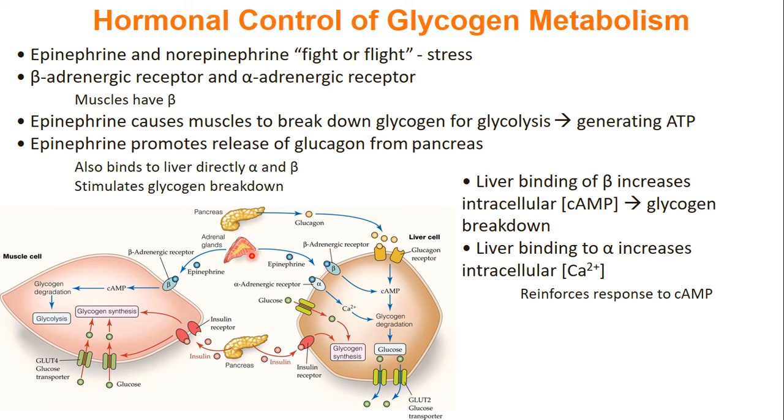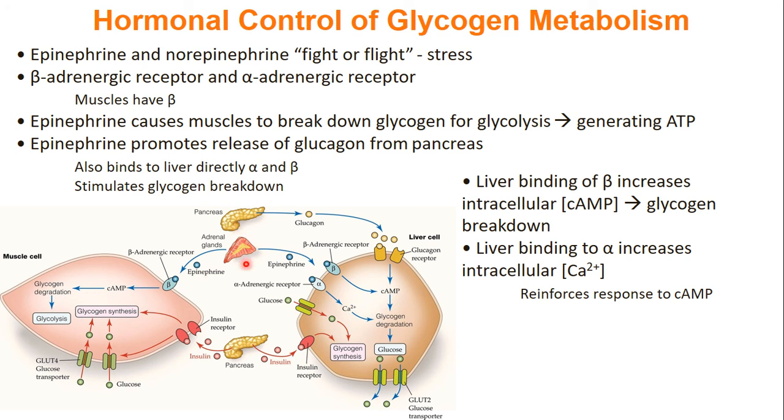So epinephrine, when it's released from your adrenal glands, we're going to start with the muscle. It will go to your muscle and bind to the beta receptor. This beta receptor will release cyclic AMP, which will turn on PKA, which will make glycogen be broken down, which allows your glucose to be used for glycolysis, so you can get energy when you have epinephrine. Again, you're stressed, so you want ATP around in case you need to flee or fight.